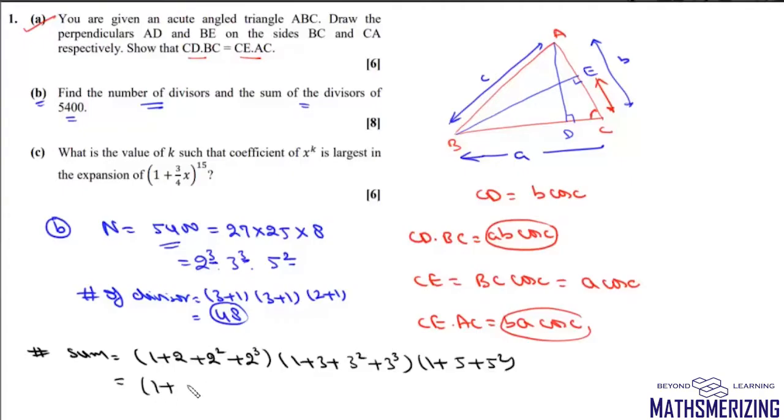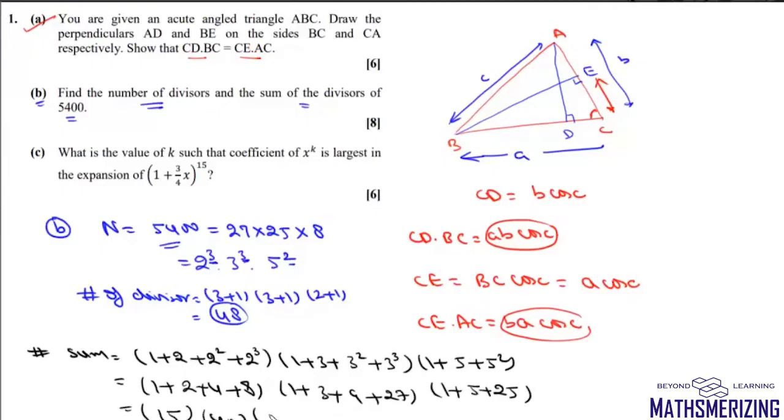Now this is 1 plus 2 plus 4 plus 8, this is 1 plus 3 plus 9 plus 27, and this is 1 plus 5 plus 25. Now this is 15, this one is 40 and this is 31, which is 18600. So the sum of all these 48 divisors will be 18600.